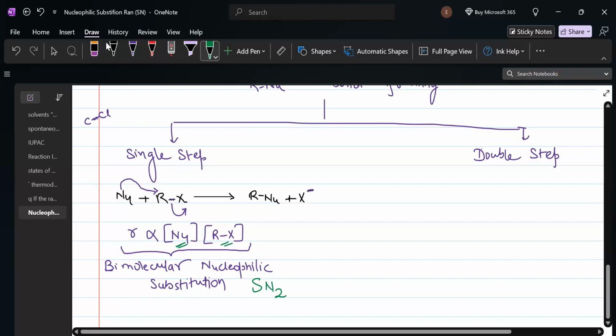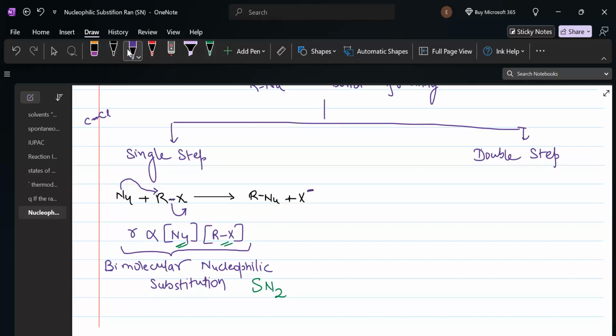So what is this double step thing? Let's try to understand this. Actually, this reaction takes place in two steps.